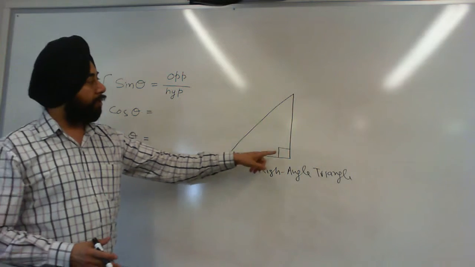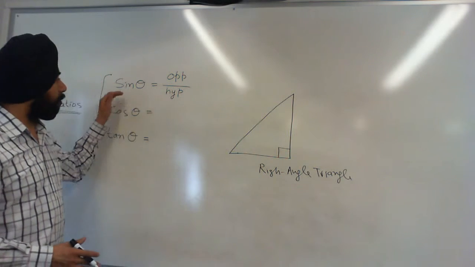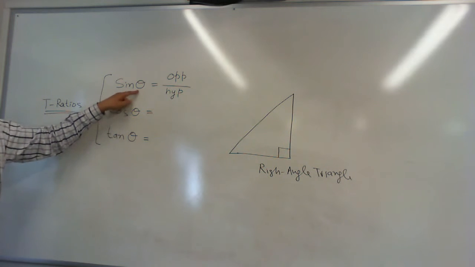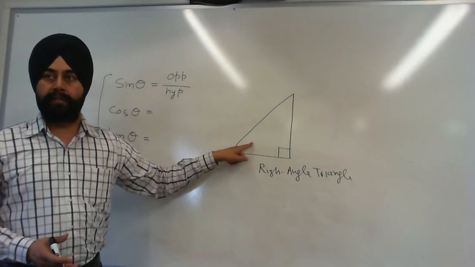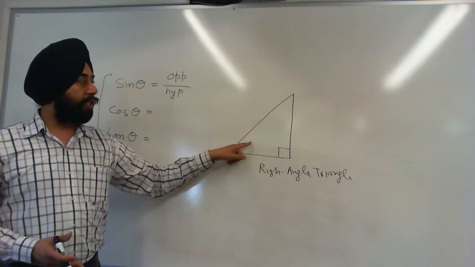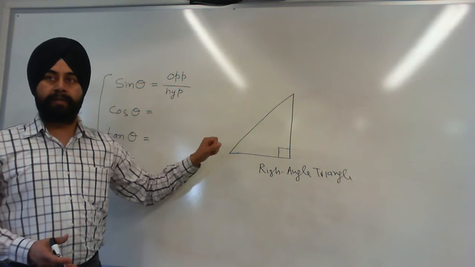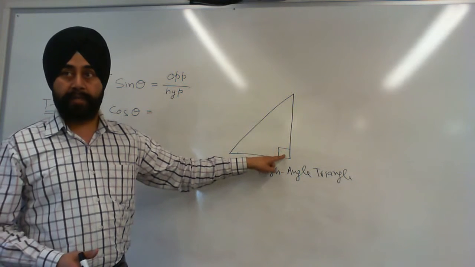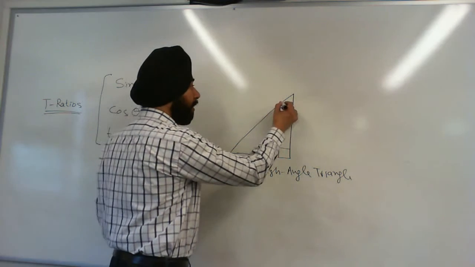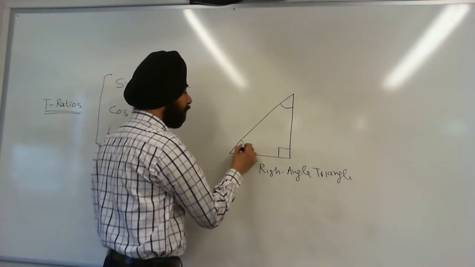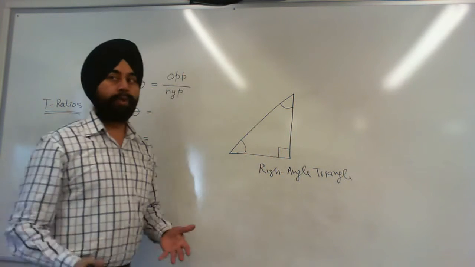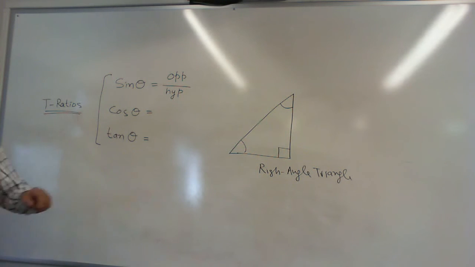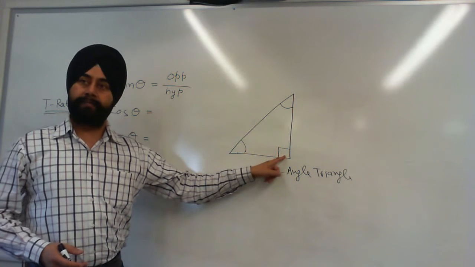For this triangle, when we say that we are going to write the t ratios of an angle theta, where is that theta in this triangle? You know that there are three angles in this triangle. That is an angle, this one is an angle, this is an angle. So which angle is this theta? Is this 90 degree?